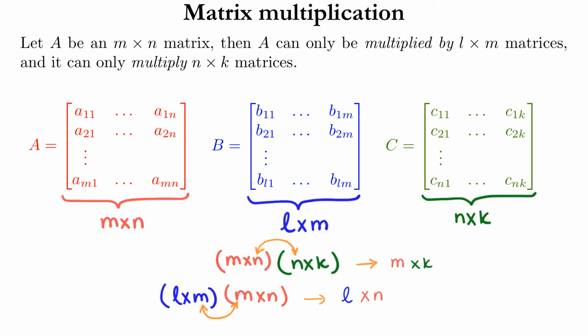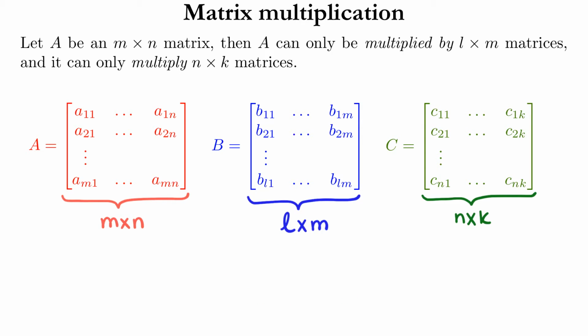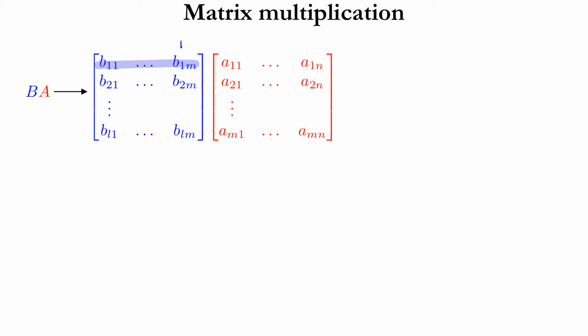These are simply the integers that are in the exterior of the first product and in the exterior of the second product. Because of this restriction, the only possible products in this example are AC and BA. To perform this product, we split the matrix B into rows B1 all the way up to BL, and the matrix A into columns A1 all the way up to An.